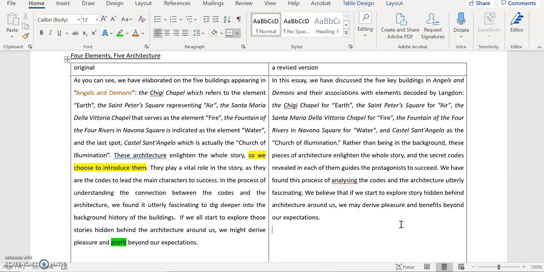Okay, so I basically used your expression, we found it oddly fascinating, but I tweaked it a bit. So now I came back to use we as the subject. Okay, and we have found this process of analyzing the codes and architecture oddly fascinating.